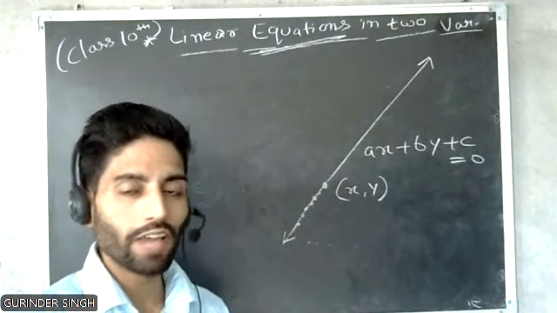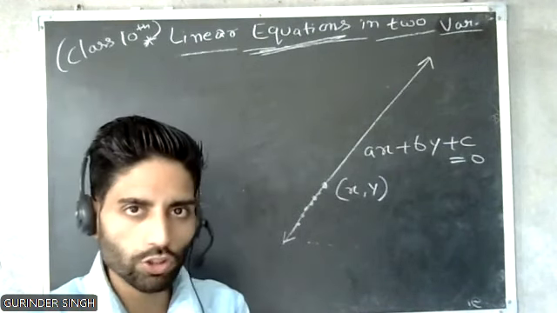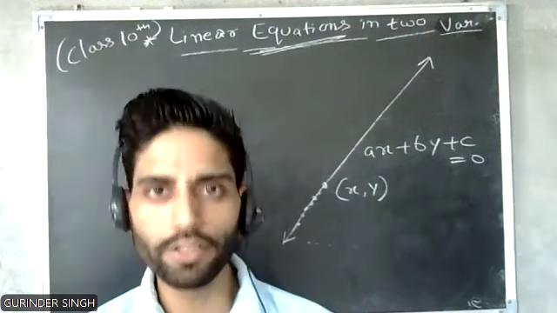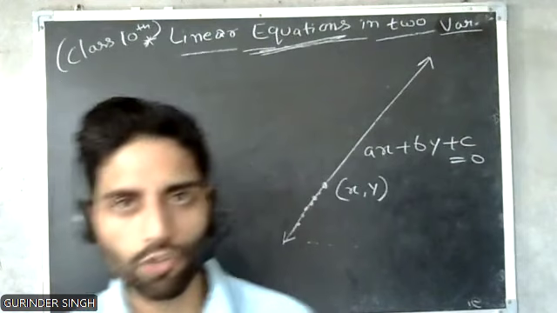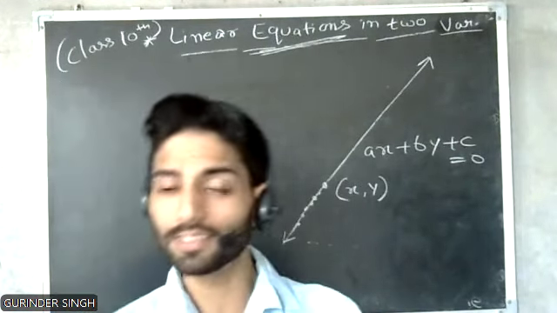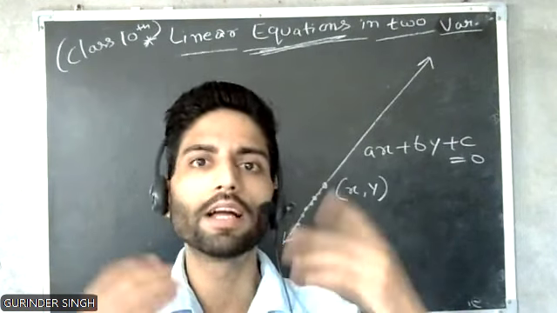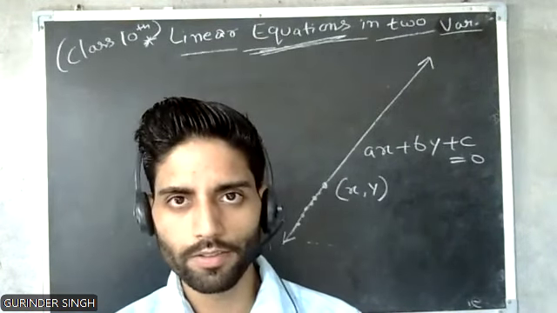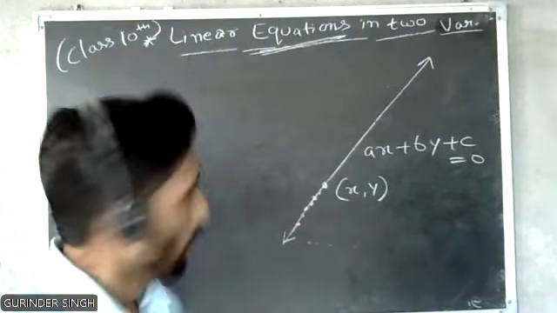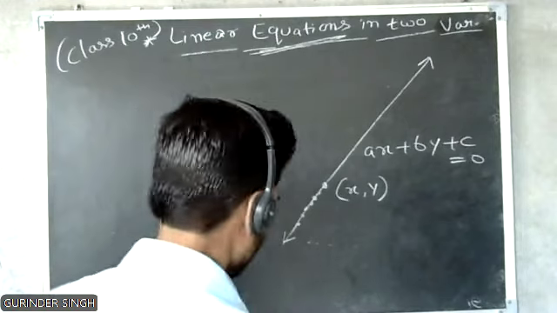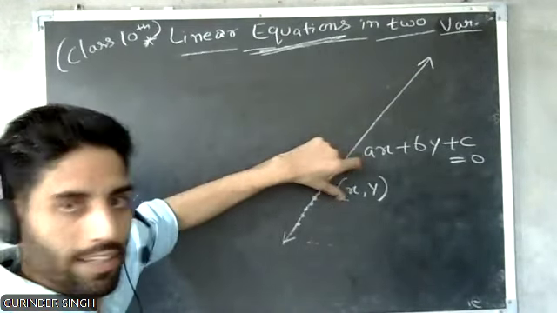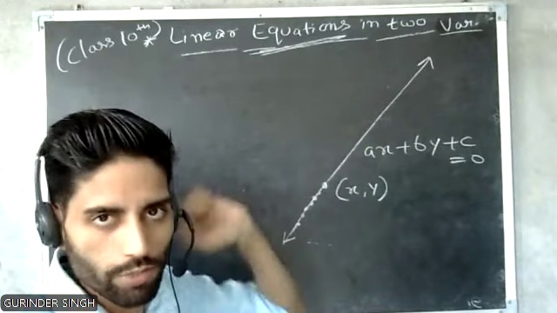We have to put that point in the equation of the line. If left hand side equals right hand side, then the point is satisfying, otherwise not, right? If the point satisfies the line, it means that point is sitting on the line. Or you can say the point satisfies the equation of the line. So there are infinite points and any point is of the form x comma y ordered pair.